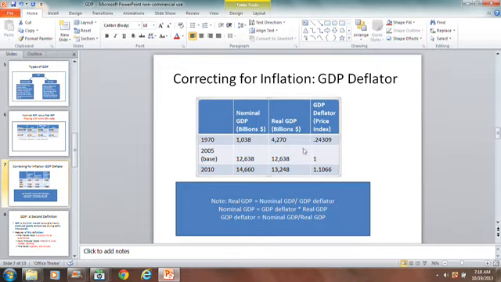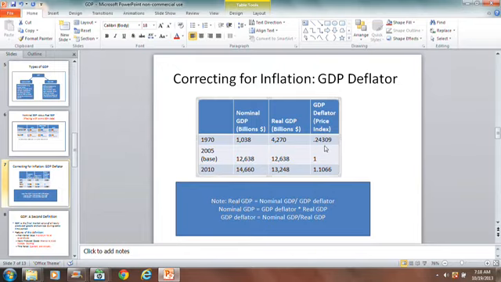So the way you calculate the index, you can take nominal GDP and divide it by real GDP, and that will give you the index. And that index is telling you how prices for that period differ from the base.